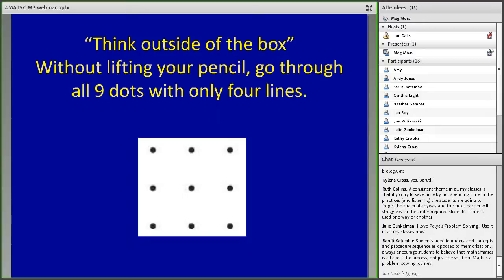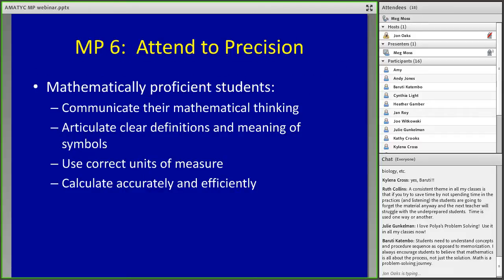Math is a problem-solving journey. I like that phrase. Okay, so mathematical practice 6 is titled Attend to Precision. And it basically says, and again you can read the full text, mathematically proficient students communicate their mathematical thinking.